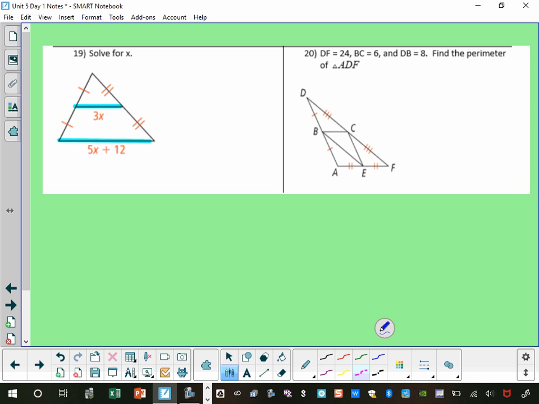So when I set this up, what's my longer side? 5x plus 12 equals how many of my short side? 2. So we're going to do 2 times 3x. So I'm doing this twice. 2 times that is equal to 5x plus 12. That's what we're doing here.